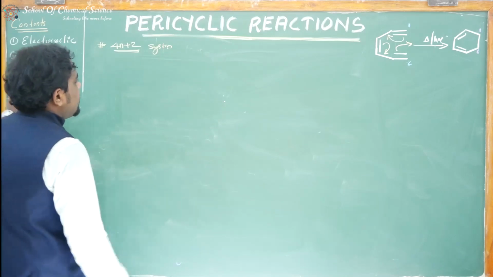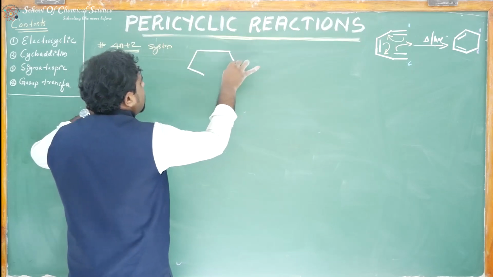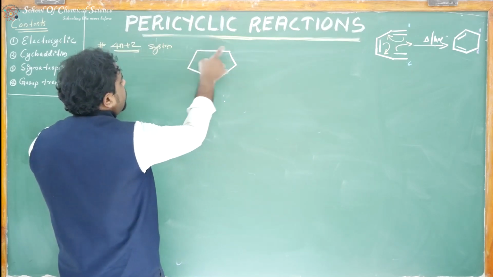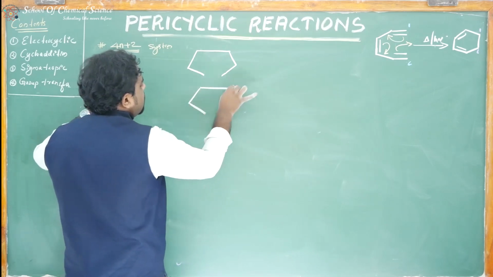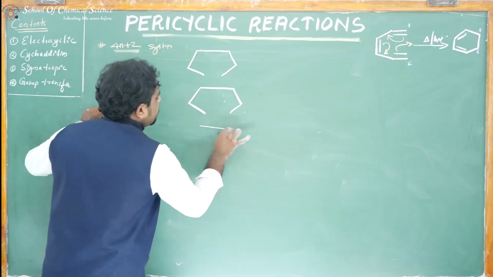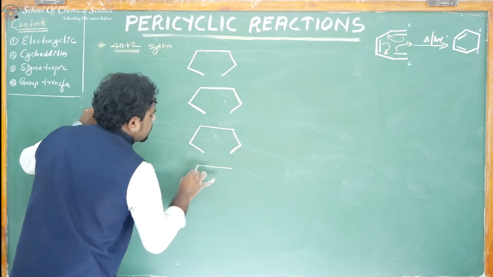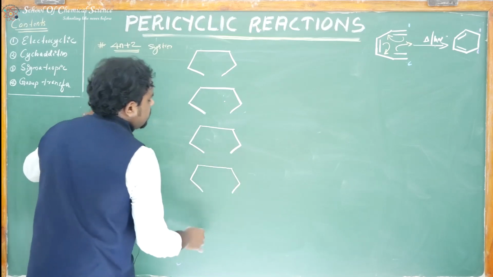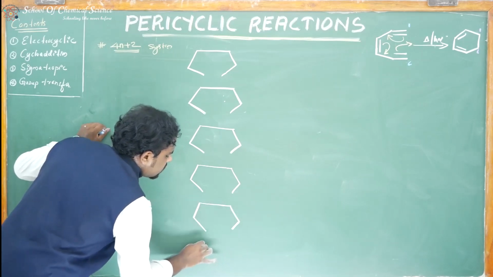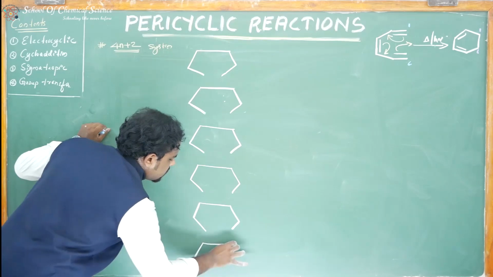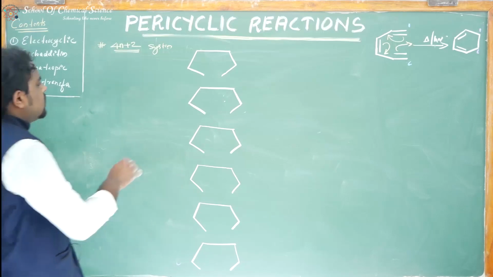The six molecular orbitals can be represented like this. Okay, these are the six molecular orbitals.